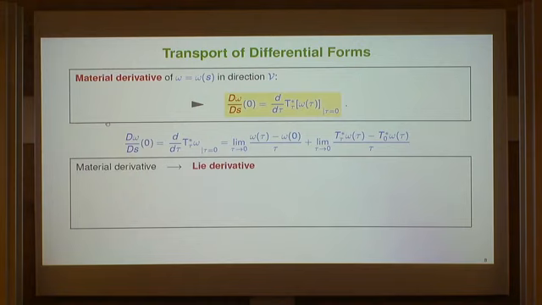Then you can pull apart the material derivative. And this is what I'm going to do now. You can do it in various ways. Maybe we should call it a product rule, because now look, this is the definition of the material derivative. And now this transformation depends on the pseudo-time defining the flow, the parameterization of the family of these diffeomorphisms.